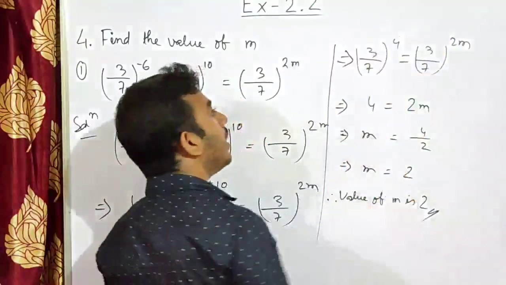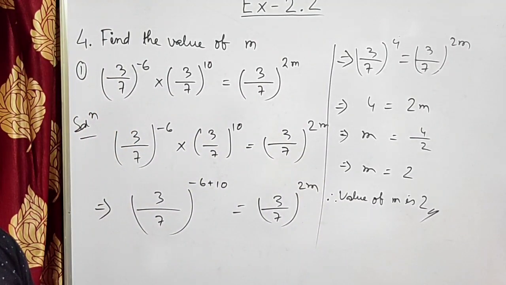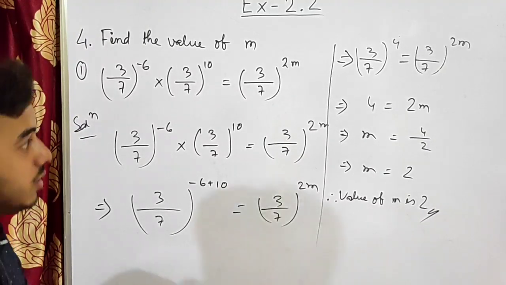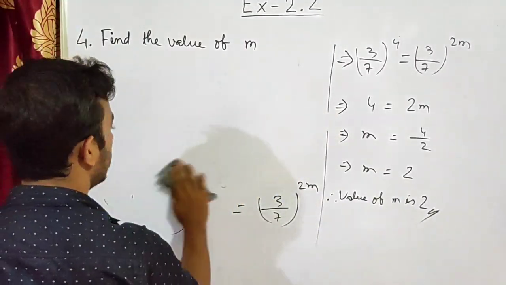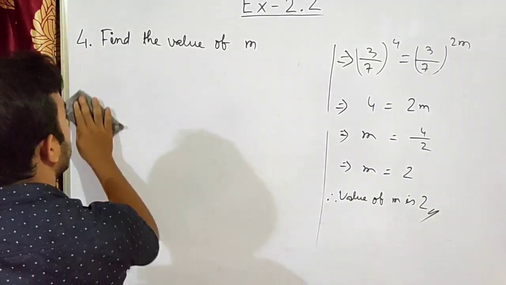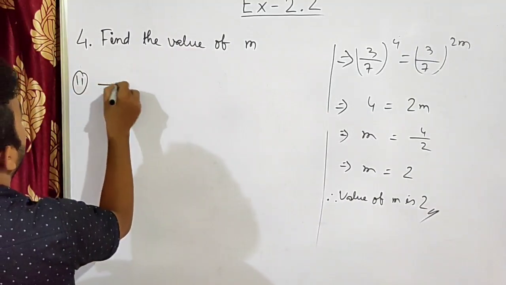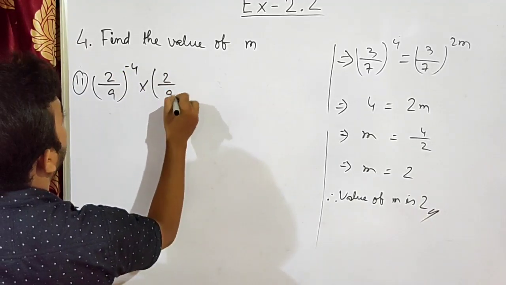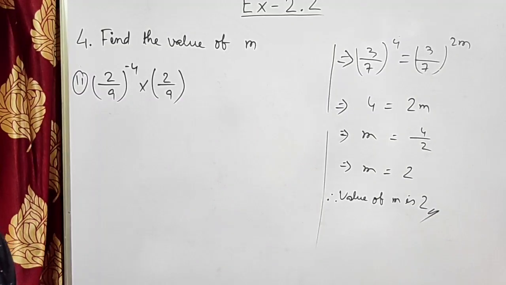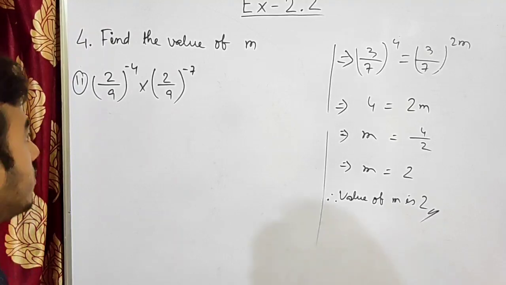Let us solve another one and you will be more clear. The next question is (2/9) to the power 4 into (2/9) to the power minus 7 equals (2/9) to the power 2m plus 1. Sorry, it is not minus 4, it is plus 4, that is positive.